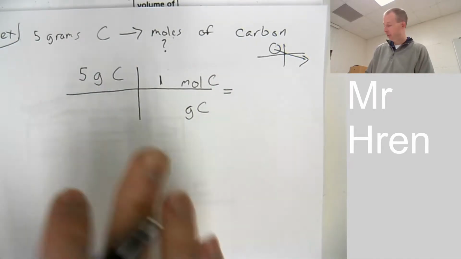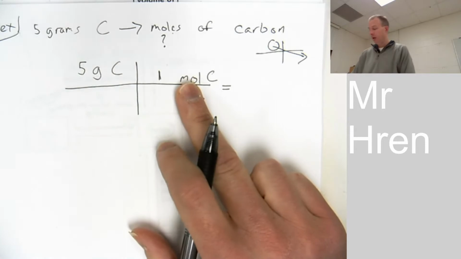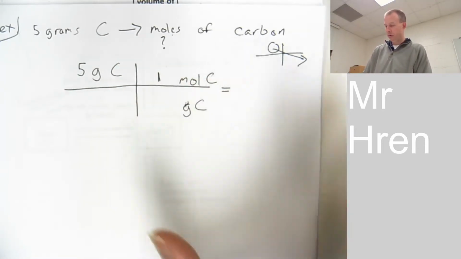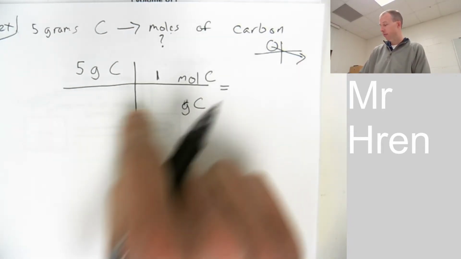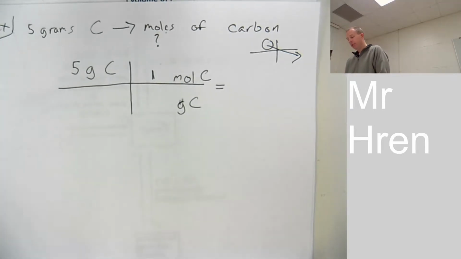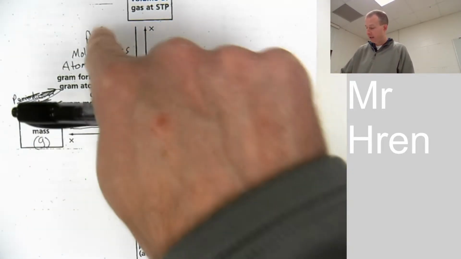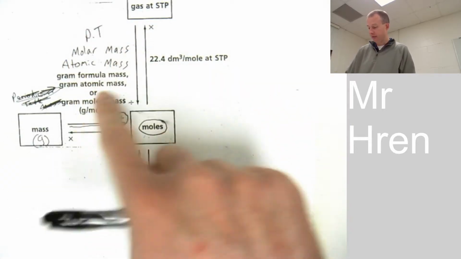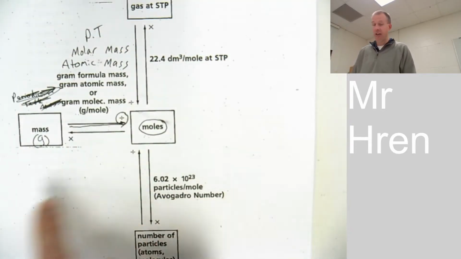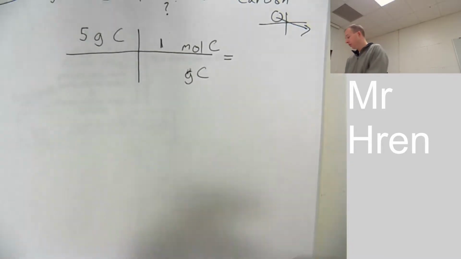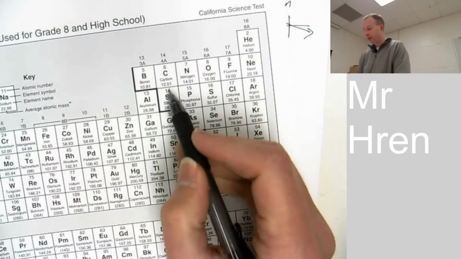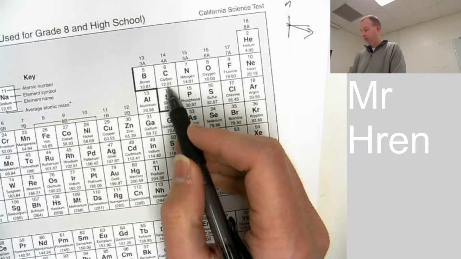We got 5 grams, we got 1 mole. So the 1 always goes with the mole. Now, what am I putting for carbon there? What is our mass of carbon? So remember, we're dividing by the periodic table mass. All right, this is all a fancy way of saying from the periodic table. So the mass of carbon on the periodic table is 12.01.